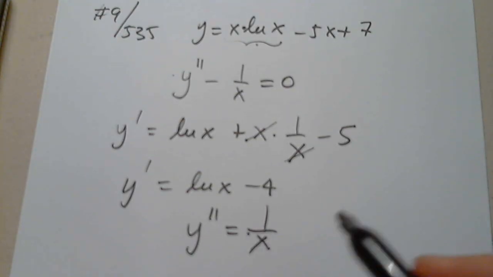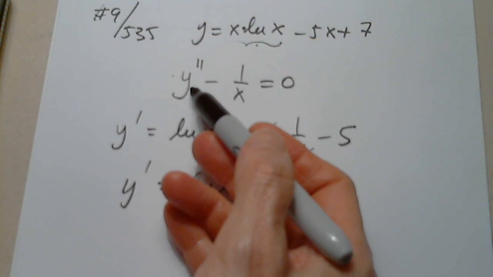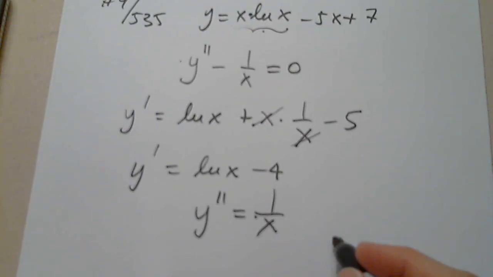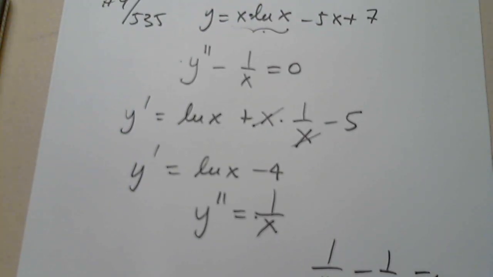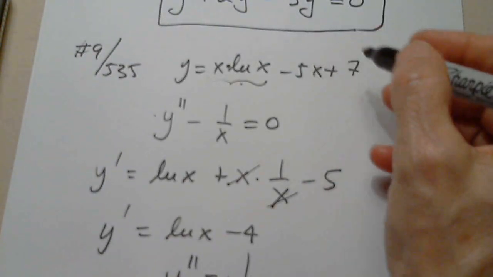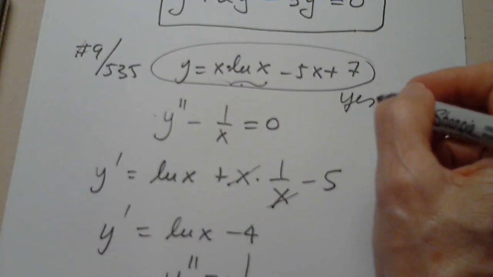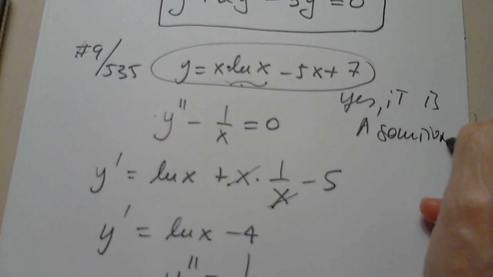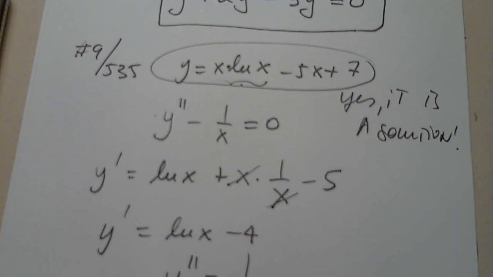Good. Now look what I have to plug in. Is 1 over x minus 1 over x 0? What will I say? Yes, it is a solution of the differential equation. I checked.